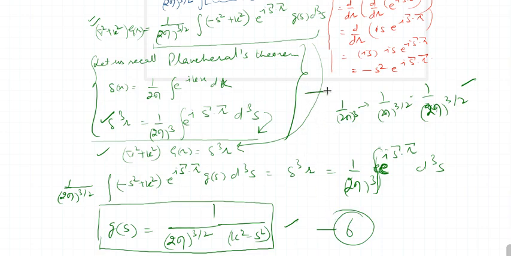And let me call this equation number 5, the Plancherel theorem.